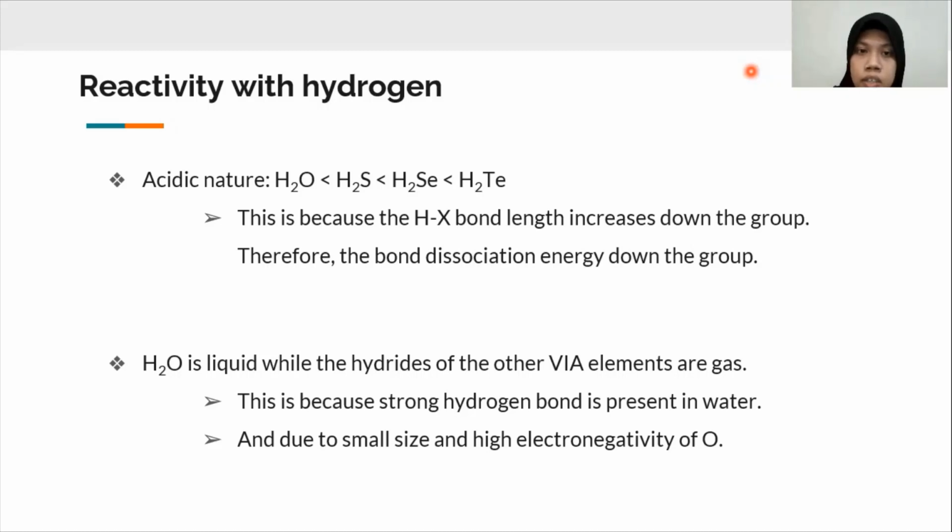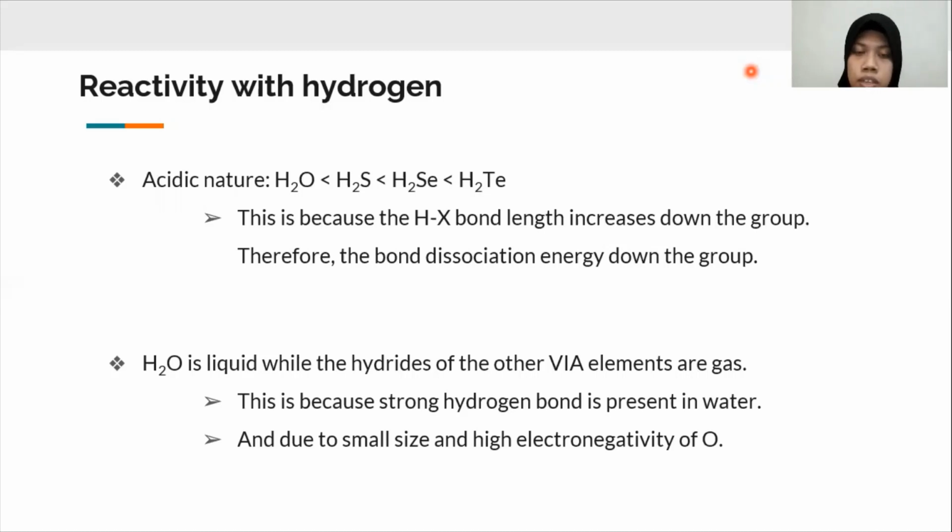It means H2O has the lowest acidic nature and H2Te has the highest acidic nature. This is because the hydrogen to group 16 element bond length increases down the group. Therefore, the bond dissociation energy decreases down the group.